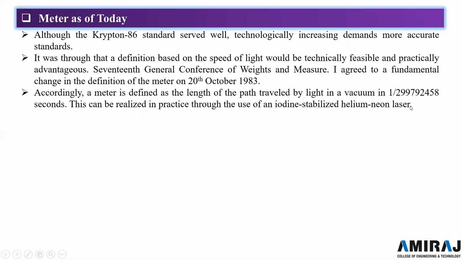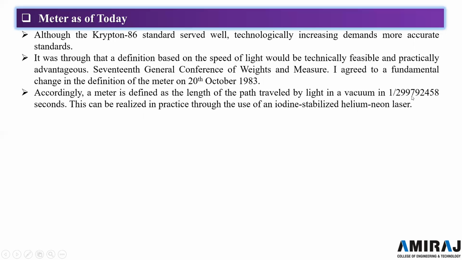So here we use an iodine stabilized helium neon laser for measuring the meter. You can see how small a fraction of a second is used to check the length.